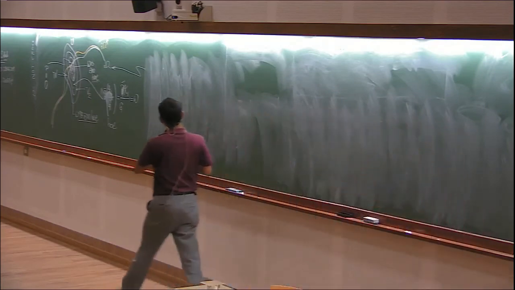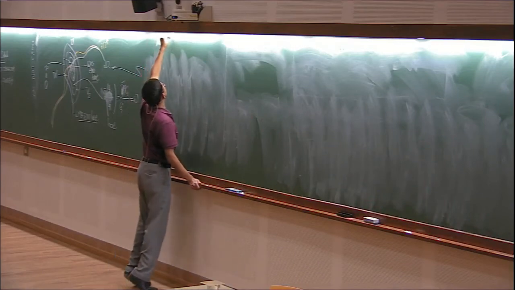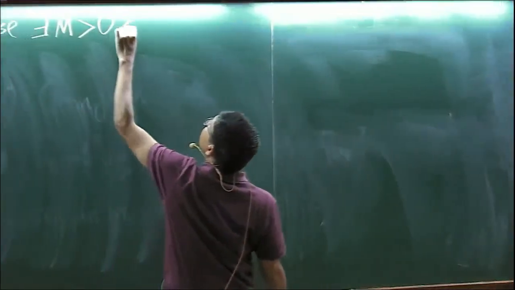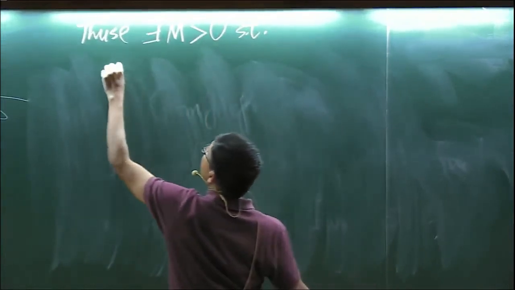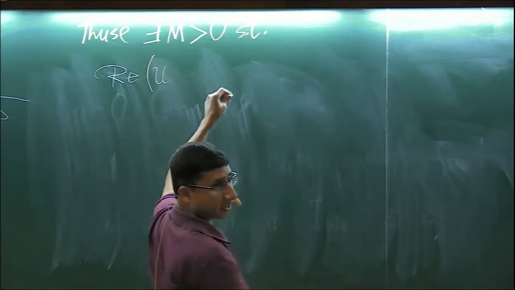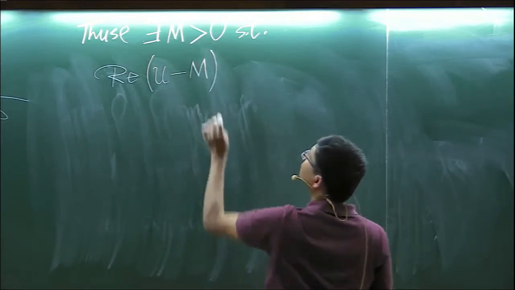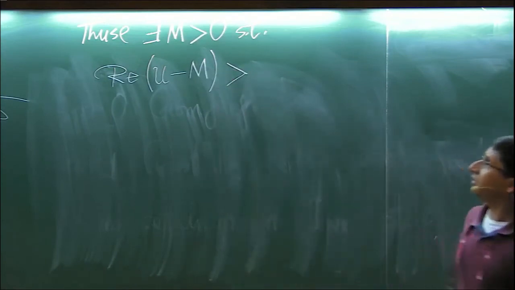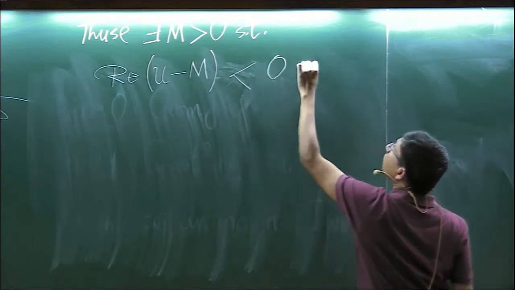So the upshot of all this is, thus I can find a really large constant. There exists a really large constant, M star, positive, such that the real part of the solution that I had, U minus M, is less than 0.